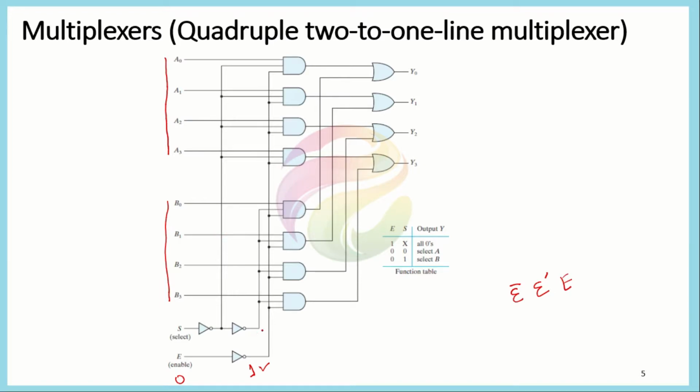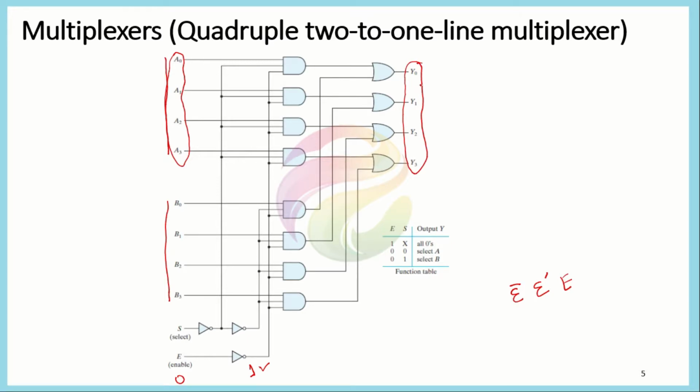What we do here is that we use a single select line, because for a general 2 to 1 line multiplexer we need only a single bit select line. So we have chosen a select line of 1 bit, which is represented here. For this select line, if we choose the value equal to 0, then in that case we will be selecting these four, A0, A1, A2 and A3, to the output.